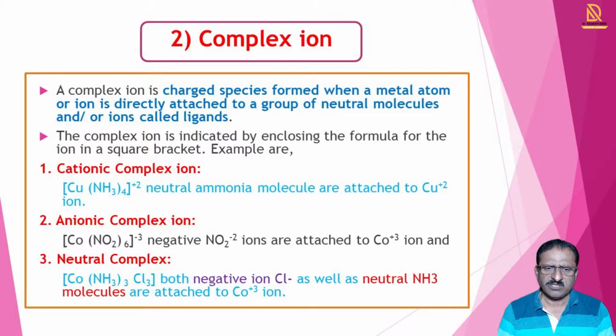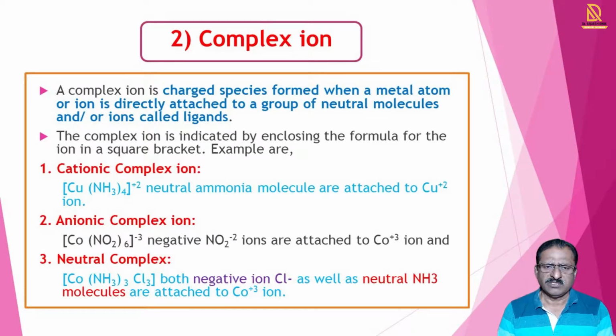A complex ion is a charged species formed when a metal atom or ion is directly attached to a group of neutral molecules or ions, called ligands. A complex ion is indicated by enclosing the formula in square brackets.